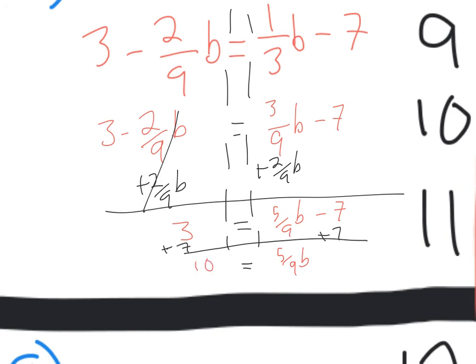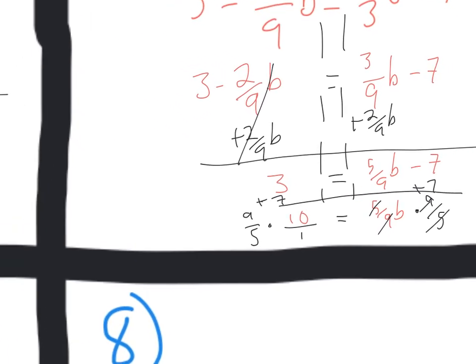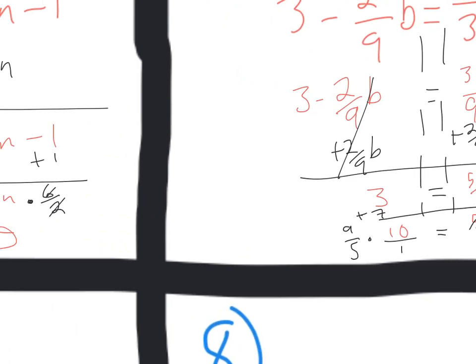Okay, got to multiply by the reciprocal again, 9 over 5 over here. Cancel it out. Whatever you do to one side, we have to do to the other side. I put a 1 on the bottom of my 10. Now let's go ahead and investigate 9 over 5 times 10 over 1, off to the side. We could do it either way. We'll go straight across the top and bottom.